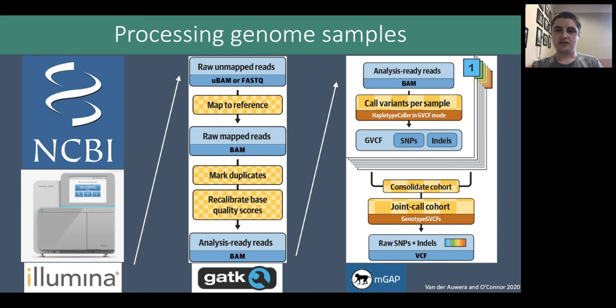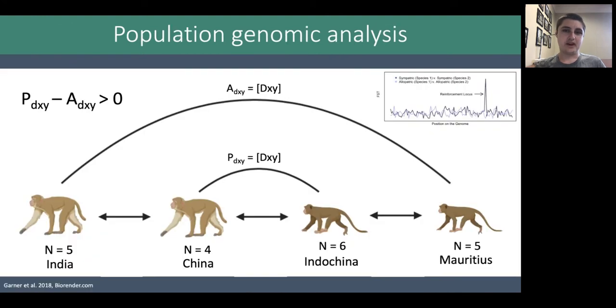And then I called SNP variants using HaplotypeCaller, and I consolidated these and called genotypes with GATK as well. And lastly, I used variant quality score recalibration to filter these samples using, as a reference, known variants from the Macaque Genotype and Phenotype Resource. So then after that, I conducted my population genetic analyses with these samples.